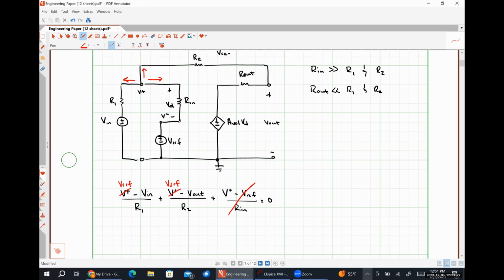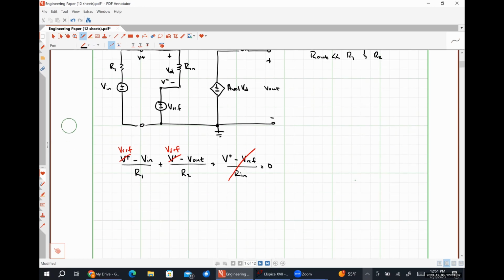So now I'm just going to rearrange this thing. What I will find is that V reference over R1 plus V reference over R2 is going to be equal to Vn over R1 plus V out over R2.